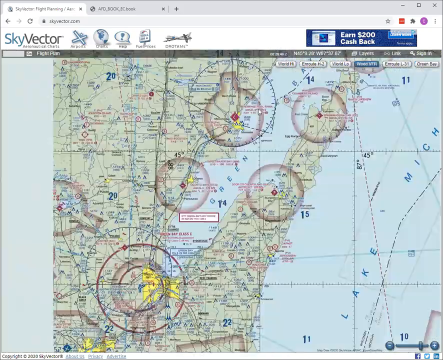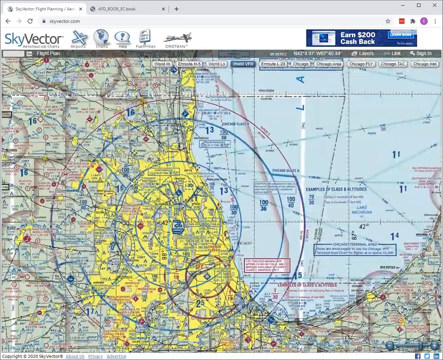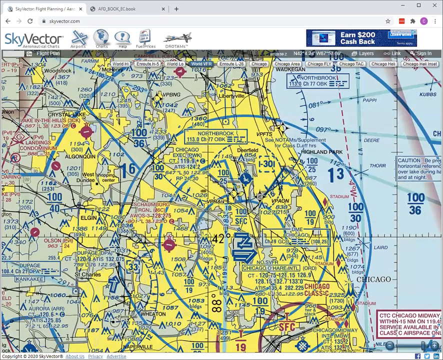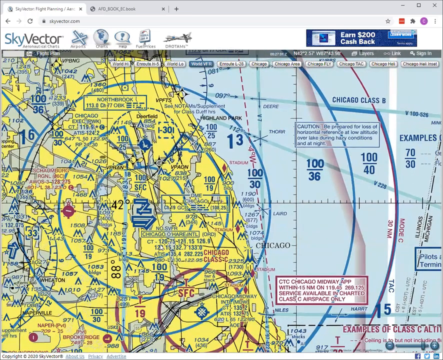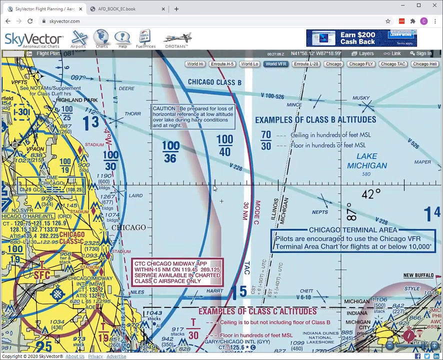And I think we have to go to World VFR. We can look at Class Bravo. Class Bravo is the solid blue, and this is reserved for the busiest airports. It goes all the way out here, which is quite a ways.